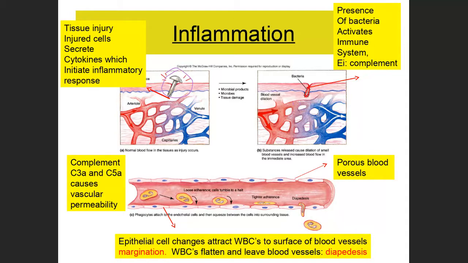These little flat cells, especially if they've been injured, are going to begin to put out receptors that are going to trap white blood cells. So these are the cells that are close to the area of injury that put out these receptors. So the white blood cells get trapped by these receptors and they're going to flatten. This flattening of white blood cells to the walls of a blood vessel around the area of inflammation is called margination.